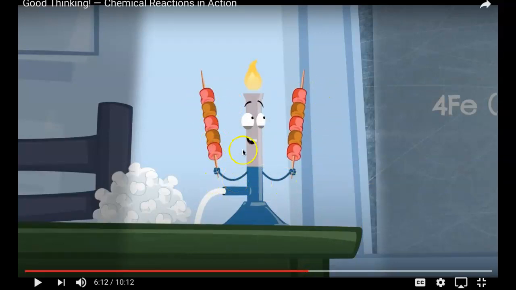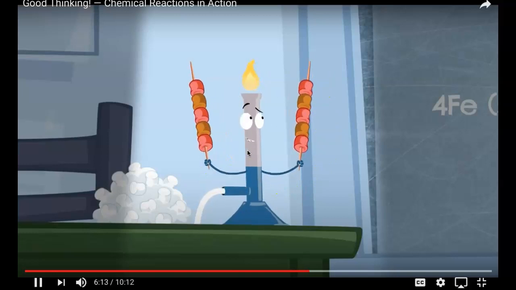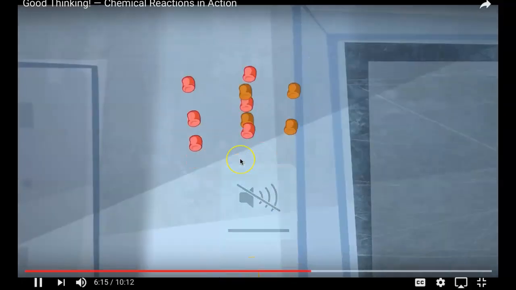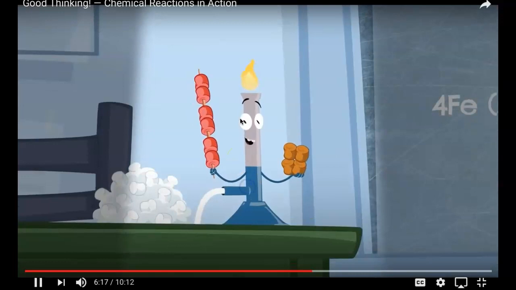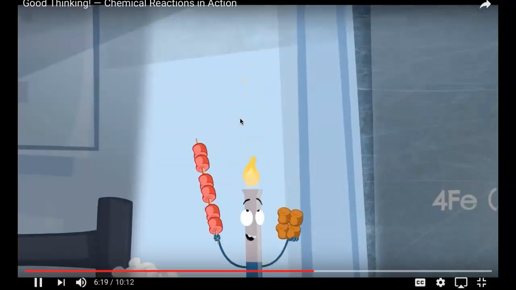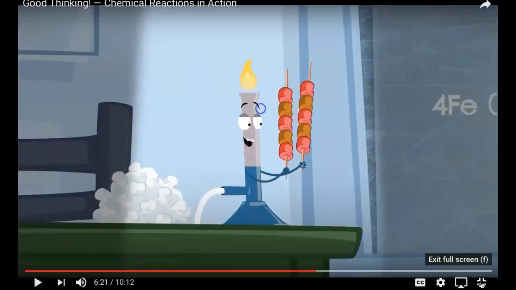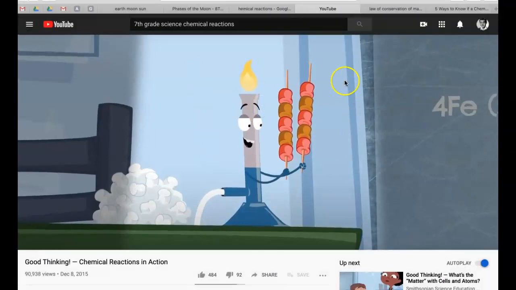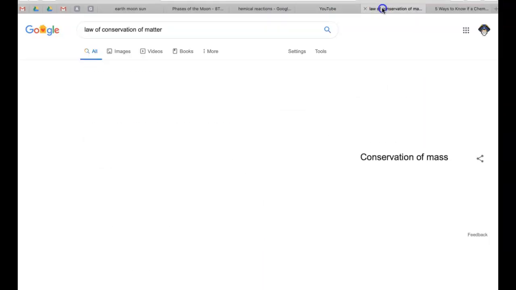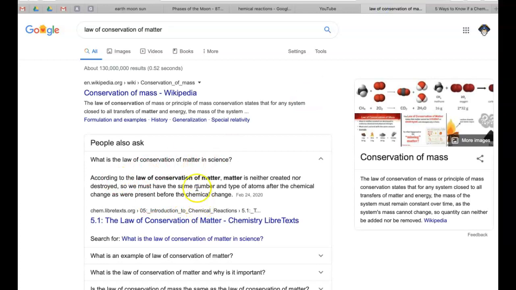He's quote unquote holding rust. reinforces the law of conservation. So there's rust. Didn't really go into the law of conservation of matter so much. So the law of conservation of matter, according to the law of conservation of matter, matter is neither created nor destroyed.